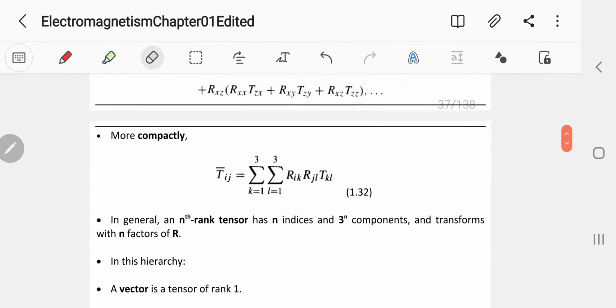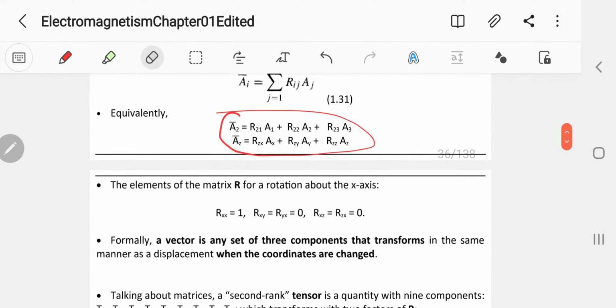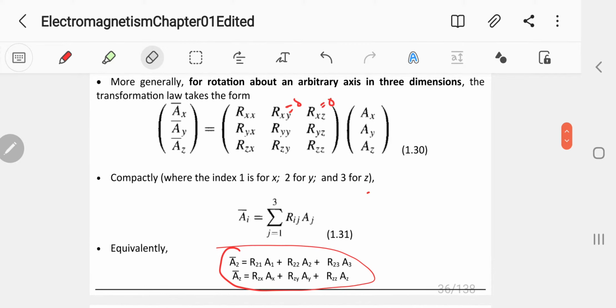So here you can see that this is a vector, and this one is a tensor. A matrix is a rank 2 tensor.